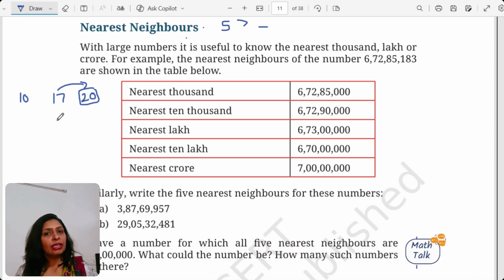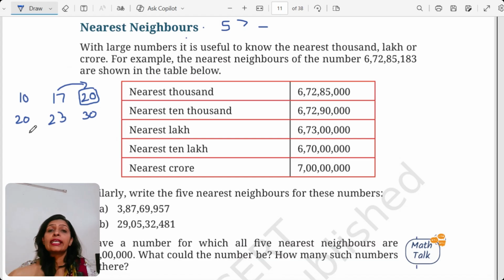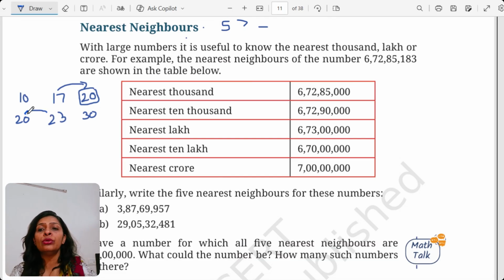Similarly, if I give you one example of say 23. Now 23 is going to come between 20 and 30. And again, if I ask you which nearest ten it is closer to, 23 is closer to 20. Now, I've explained to you the rule of 5, right?